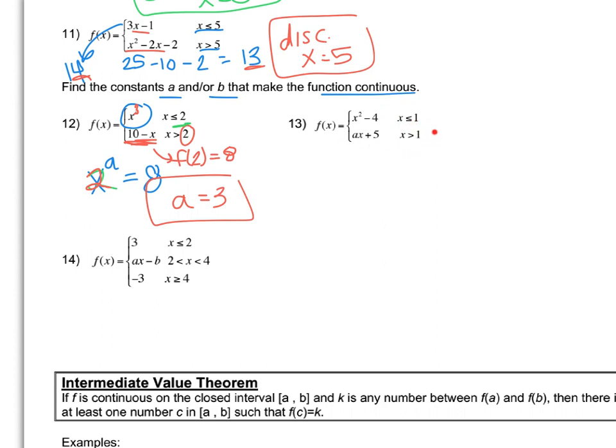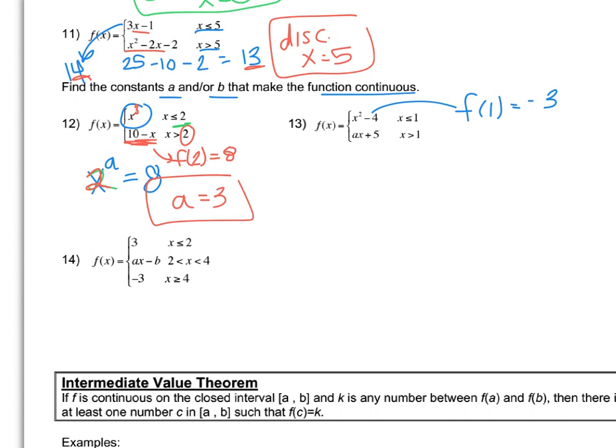Again, for a continuous transition from the first function to the second, we want their y values to be identical when x equals 1. Since the top half of that function is already defined, we can figure out what the function is at 1. It would be 1 squared minus 4, which is negative 3.